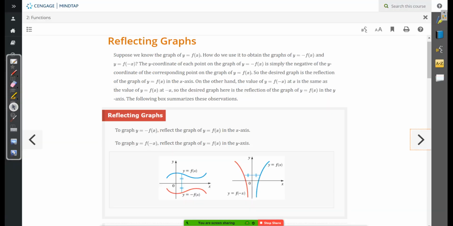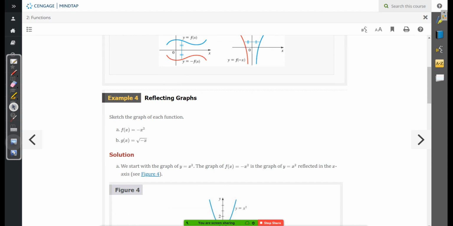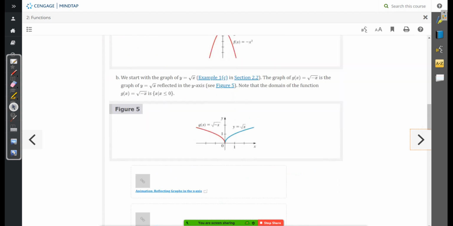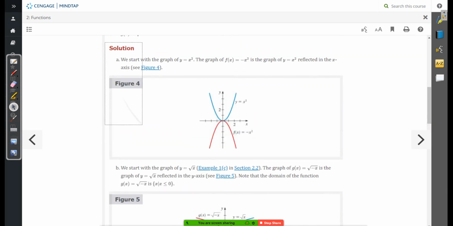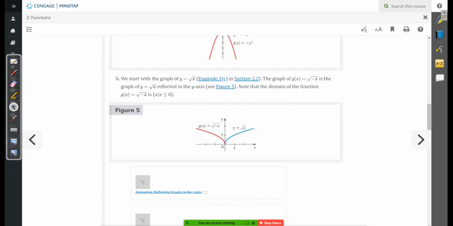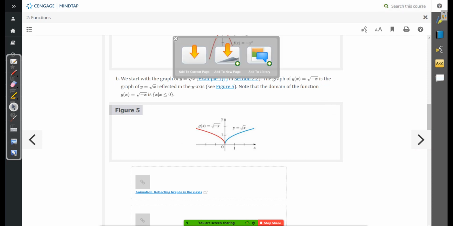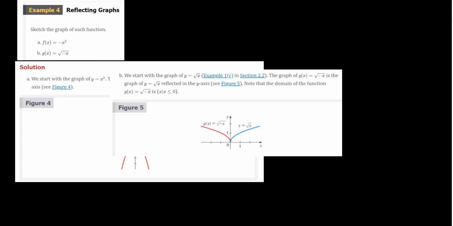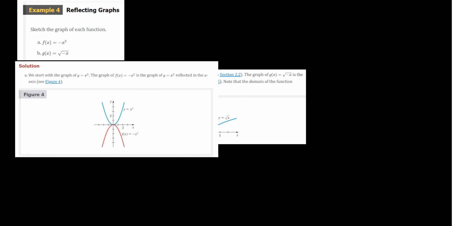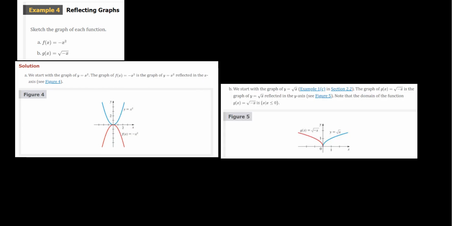So let's get into an example. Looking at A, what's my parent function?